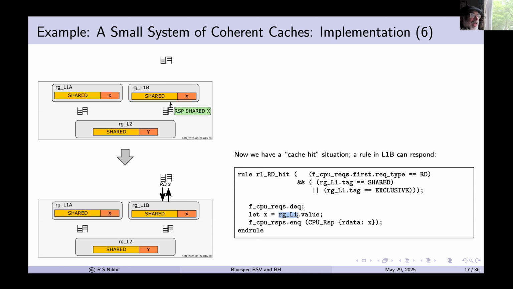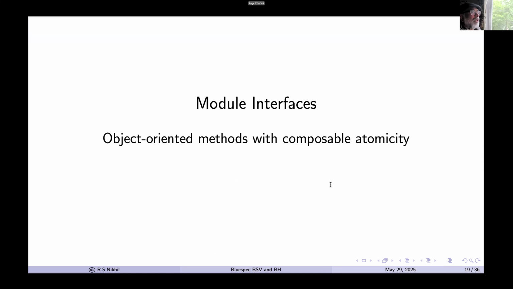Similarly, L1 is a register, and dot value is a method I'm using to pull out the value from that. So the interaction between modules is just the standard kind of object-oriented view of the world.